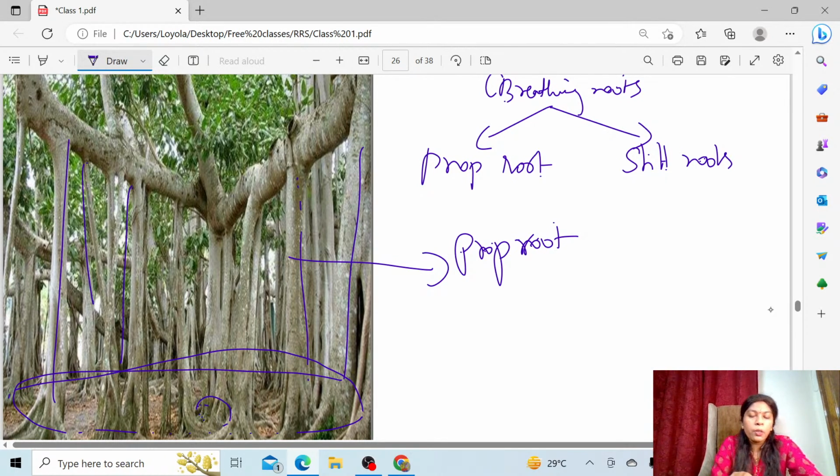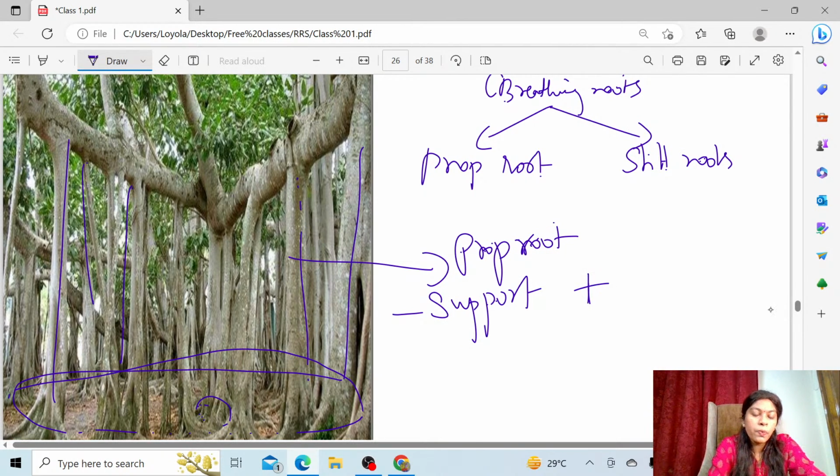Since the root cannot go and take the nutrients or air from the waterlogged soil, they will send these roots from the branches, which will be wide apart from the main trunk. So this root will give extra support to the plant in the water.